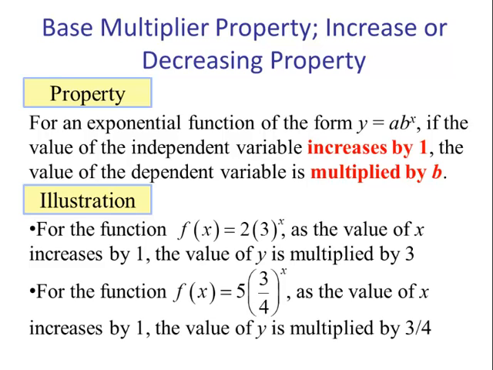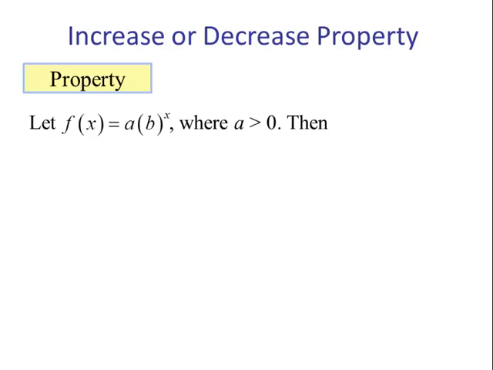For the function f of x equals 5 times 3/4 to the x power, as x increases by 1, the value of y is multiplied by 3/4. So the value will be smaller and smaller as x increases. Let f of x equal a times b to the x power, where a is a positive number.